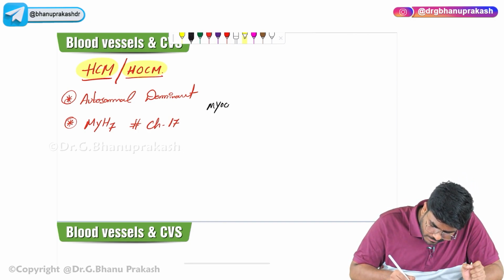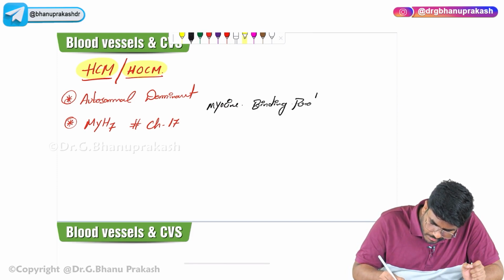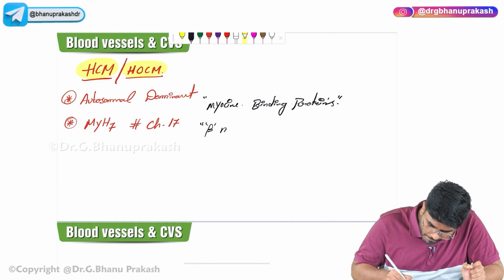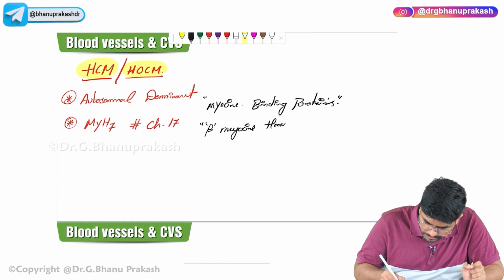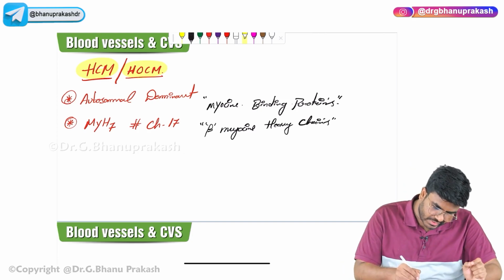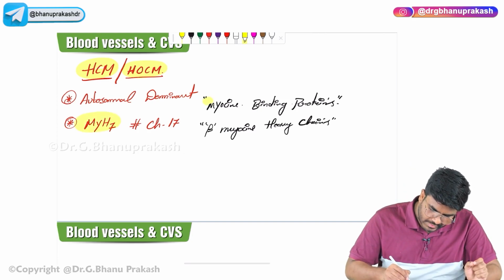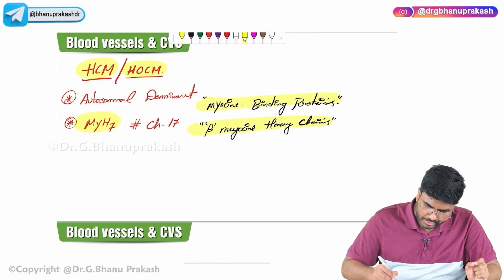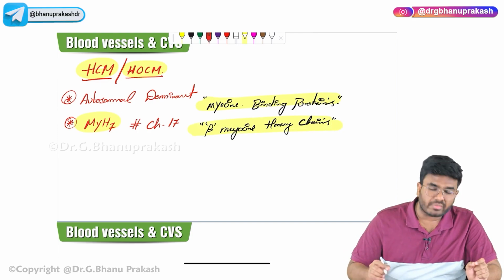Myosin binding protein or beta myosin heavy chains. These are going to be defective.